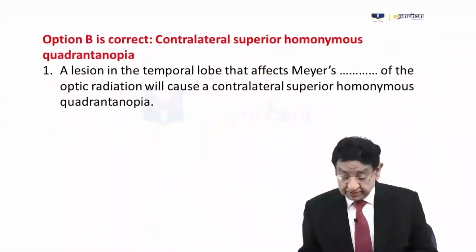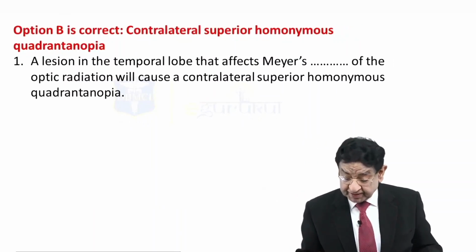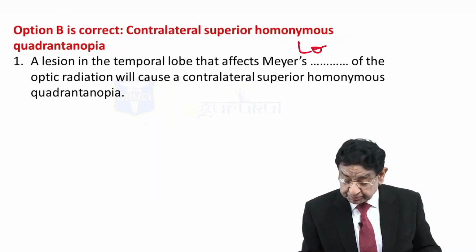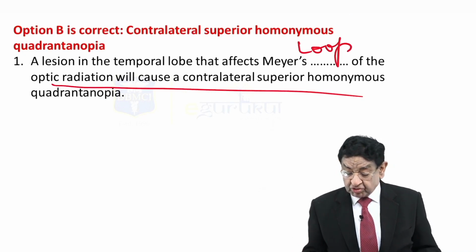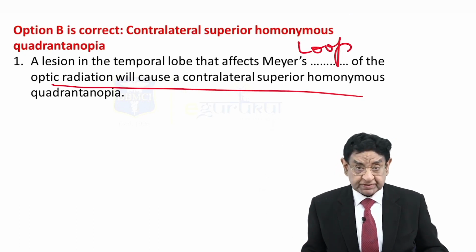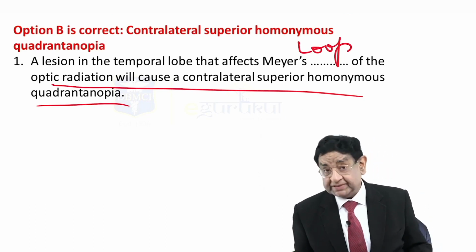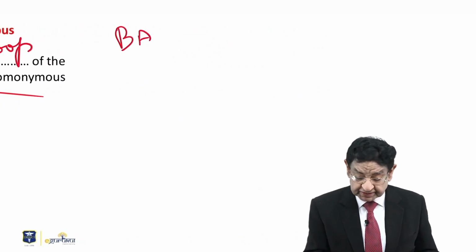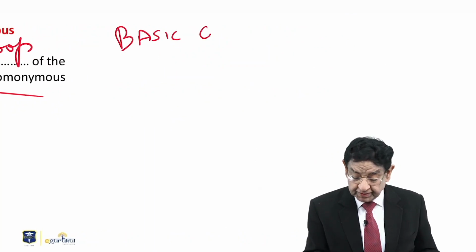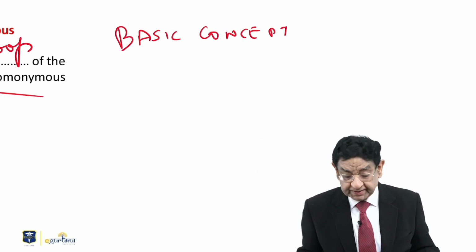Now, a lesion in the temporal lobe may affect Meyer's loop of the optic radiation, which causes contralateral superior homonymous hemianopia or quadrantopia. Why is it so? Let's learn the basic concept, without which you will not understand. A very basic concept about the eye.